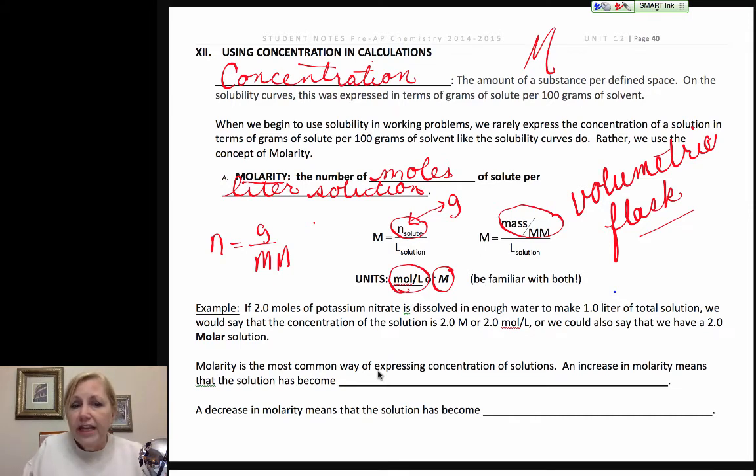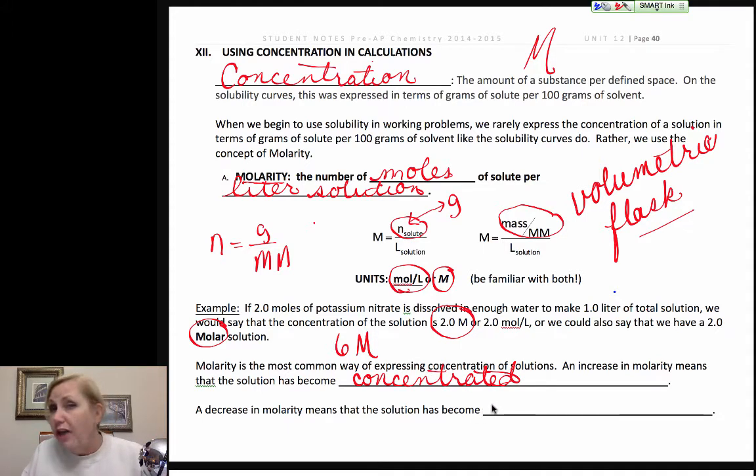All right, so right here it was just talking about a 2 molar. Sometimes we would say molar solution instead of 2 molarity, which sounds kind of wonky if you ask me. So we say 2 molar solution. If we increase that, let's say we had instead a 6 molar solution, we would say that is a more concentrated solution.